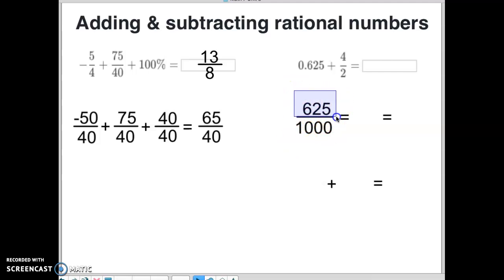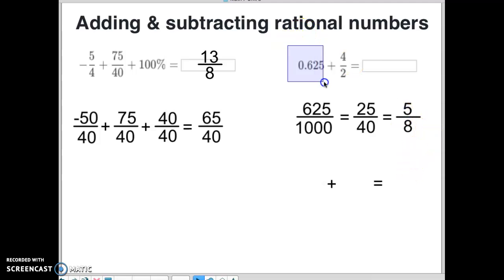Anytime you have a number that ends in 25, remember 25 is like a quarter, like if you had 25 cents to spend. Try dividing this by 25. When you do, you end up with 25 over 40, since 625 divided by 25 is 25, and 1,000 divided by 25 is 40. Ooh, wait, but Mr. Anderson, that can simplify even more. You could divide both of those by 5, and that equals 5 over 8.